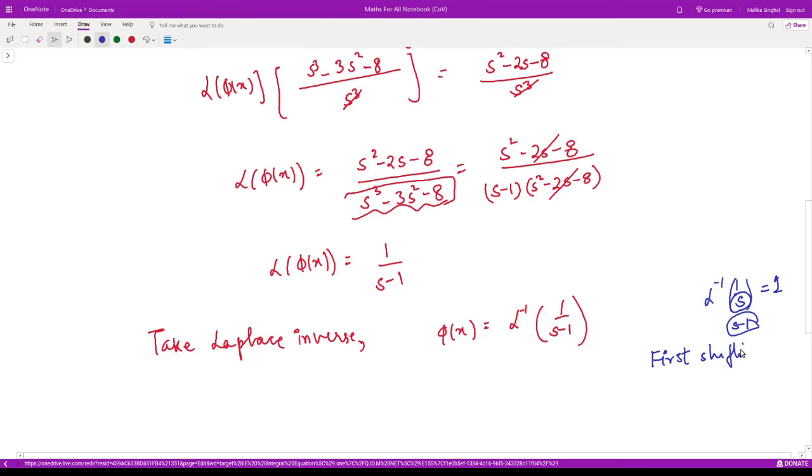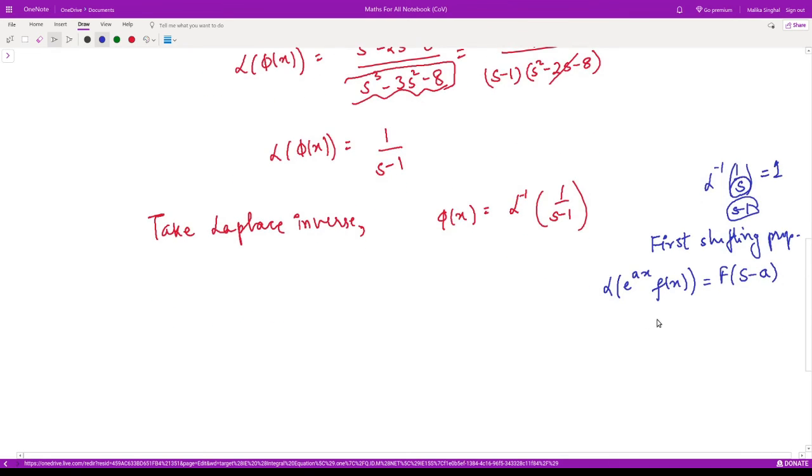What is that? The first shifting property states that the Laplace of e to the power ax into some function of x is equal to F of s minus a, where the Laplace of f of x is equal to capital F of s.